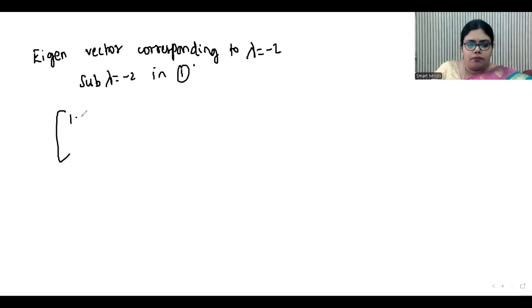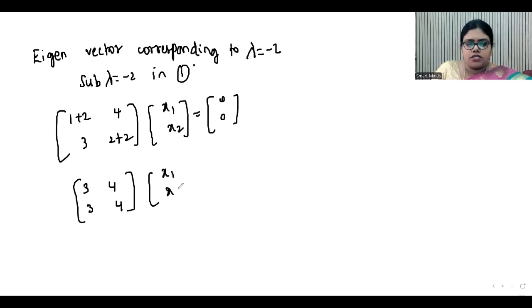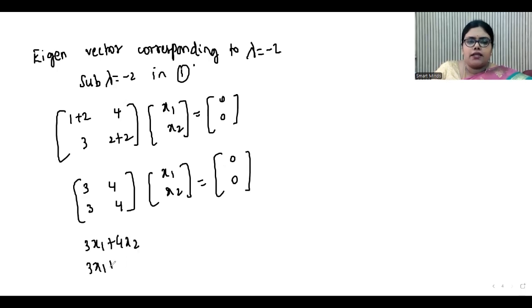So you will get [1 plus 2, 4; 3, 2 plus 2] into [x1, x2] is equal to [0, 0]. So [3, 4; 3, 4] into [x1, x2] is equal to [0, 0]. Now multiply: 3x1 plus 4x2, then again 3x1 plus 4x2 is equal to 0, 0.